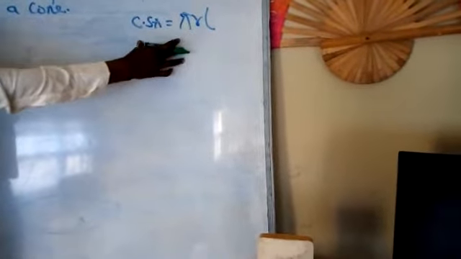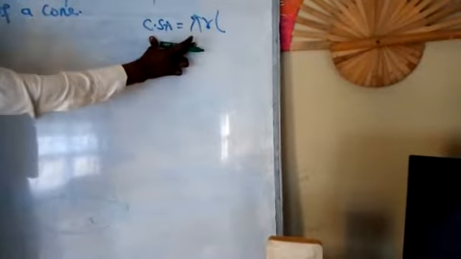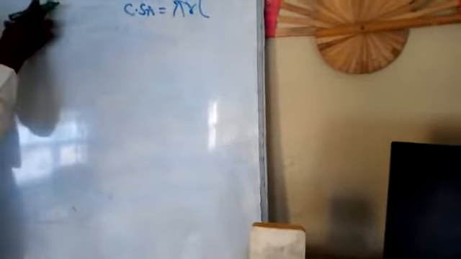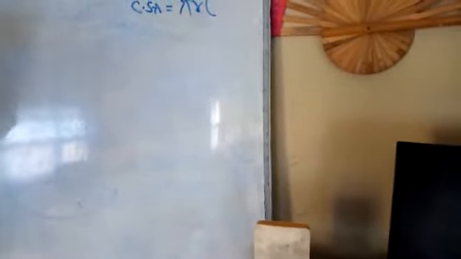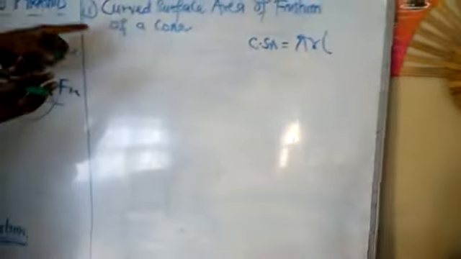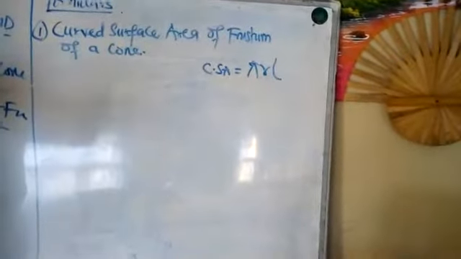But what we are dealing with today is the frustum of the cone. So the formula for calculating the curved surface area of the frustum of the cone is not the same as the formula for the curved surface area of just a cone. Don't forget, in evaluating that of the frustum of the cone, you have cut across the cone.